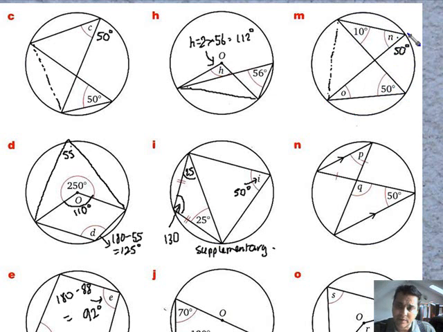By the same token, if I use this as a chord now, I've got an angle 10 degrees. It doesn't look like it, but just go by the maths, don't go by appearances. Here we go, 10 degrees coming off this common chord, and this angle must also be 10 degrees. Or is it angle O? Sorry, it's O, because after N comes O. So that's 10 degrees as well. Alright, 10s, and a 50 into 50.